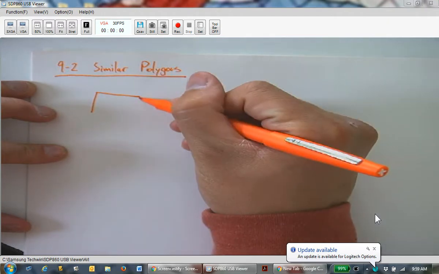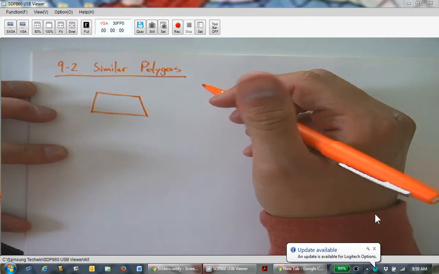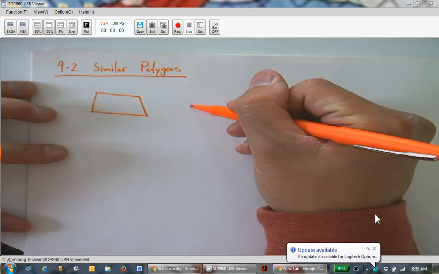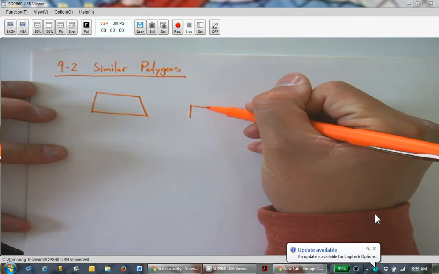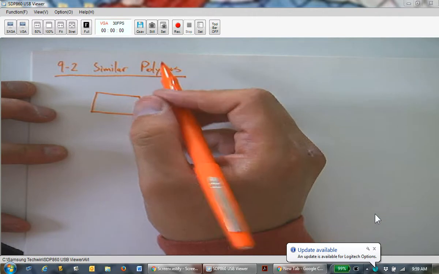I'm going to draw two quadrilaterals that almost look exactly the same.